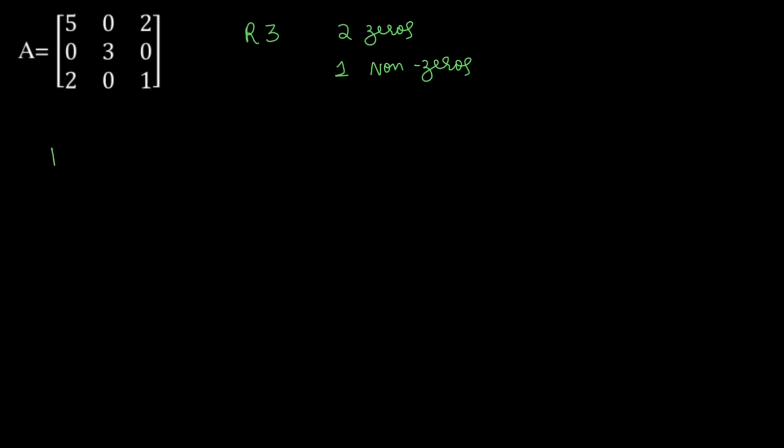That means here the determinant of A will be (-1) power 2 plus 2, because basically 3 is A22, that means Aij will be A22, into 3, and the determinant of 5, 2, 2 and 1. On calculating this, we have 3 into 5 minus 4, that is 3.